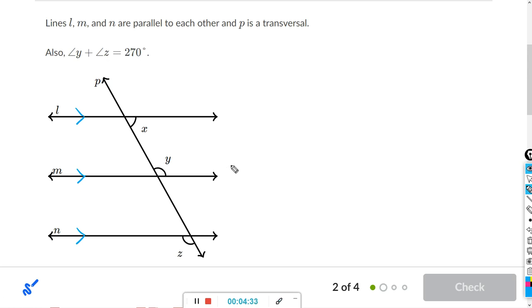We can ignore line L for now. In between lines M and N is interior, so we can see Y and Z are exterior. And this is your transversal.